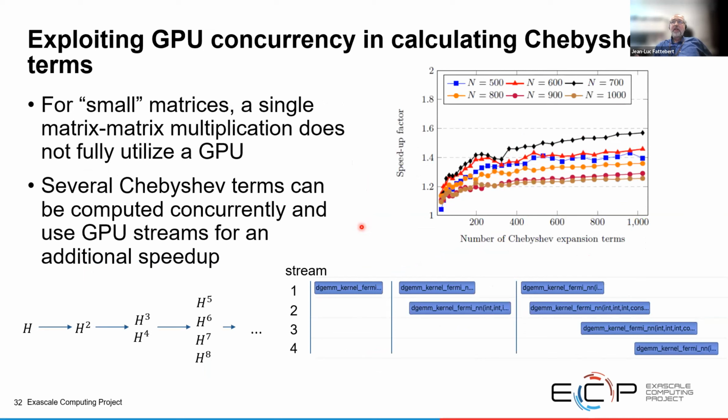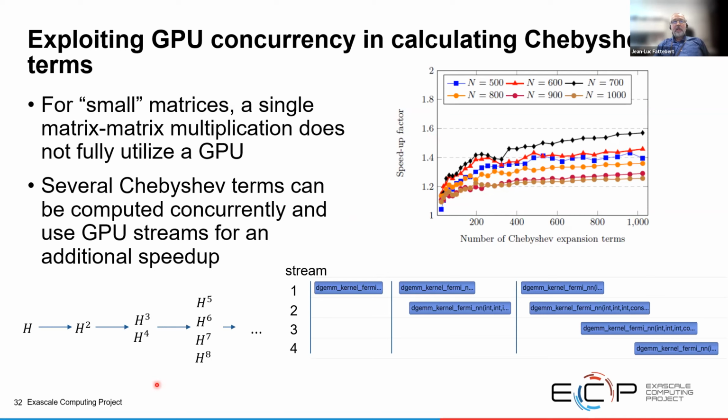In addition to that, even if you do just matrix multiplication, if your matrices are less than 4,000 by 4,000, you don't even fill up your GPU with one single matrix multiplication. So you could do several concurrently using GPU streams, and that's one thing we are exploring too.